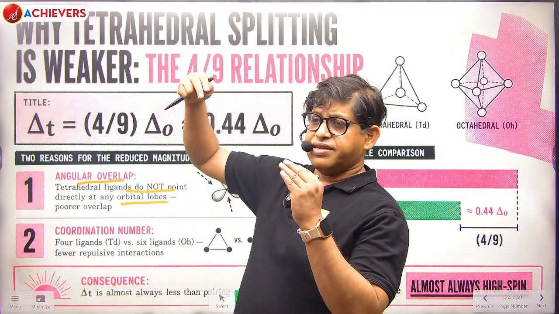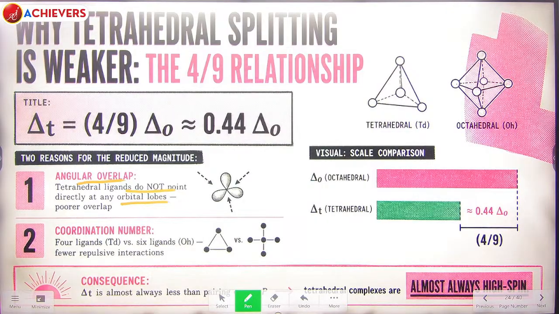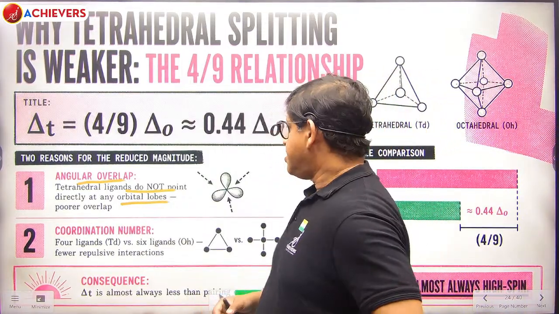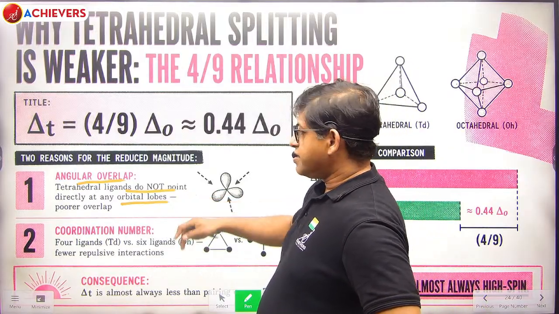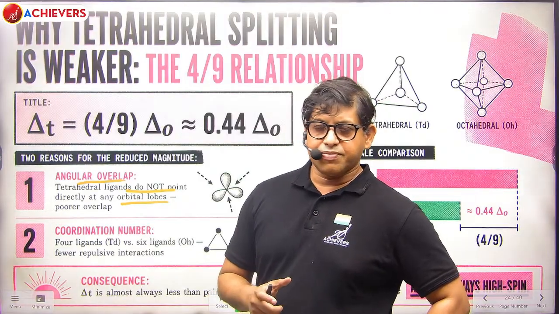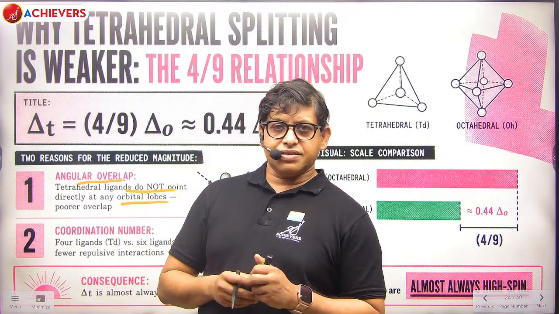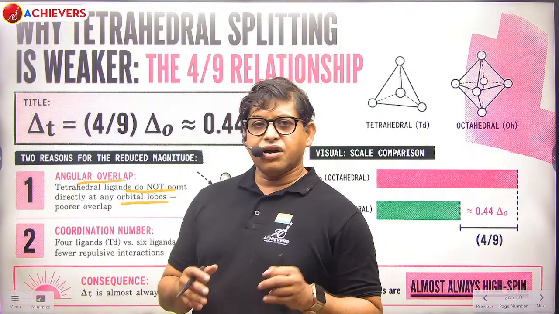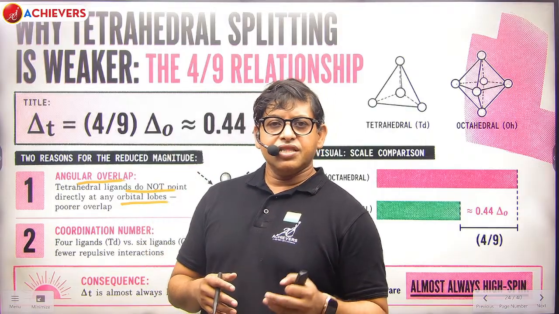The tetrahedral ligand is basically closer to the t2 set of orbitals, and so it interacts more with the t2 set, but none of the ligands are pointing directly to the metal, and so the overlap is said to be a 75% approach. So no head-on interaction, and the interaction will be less.